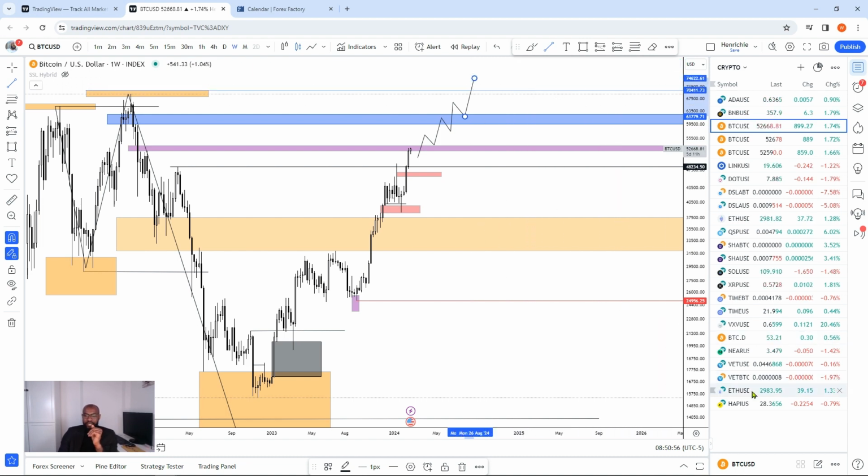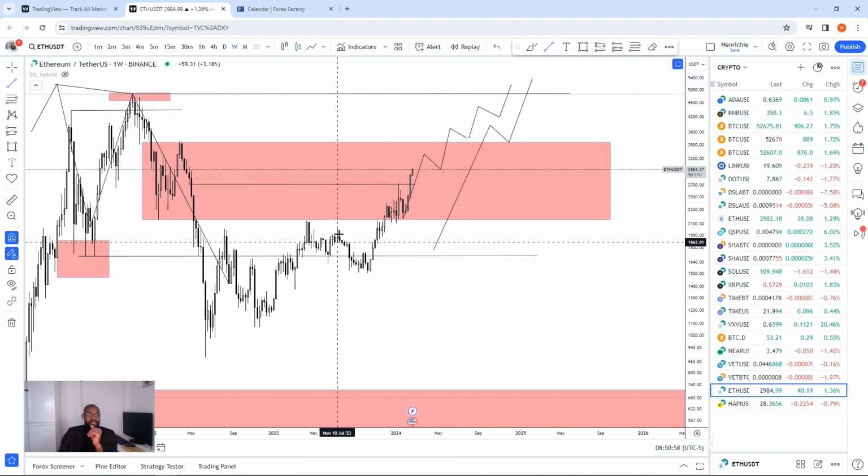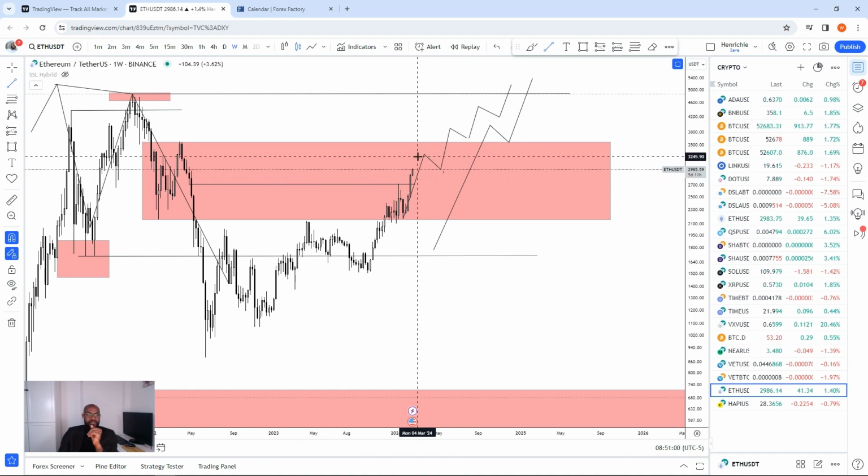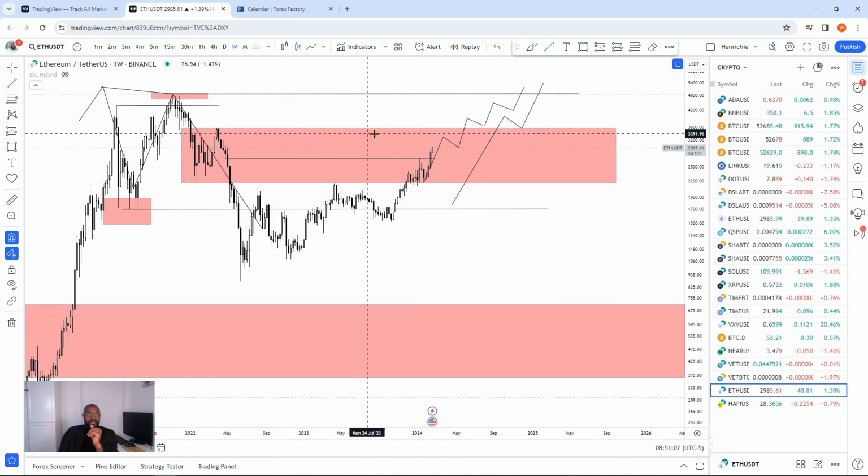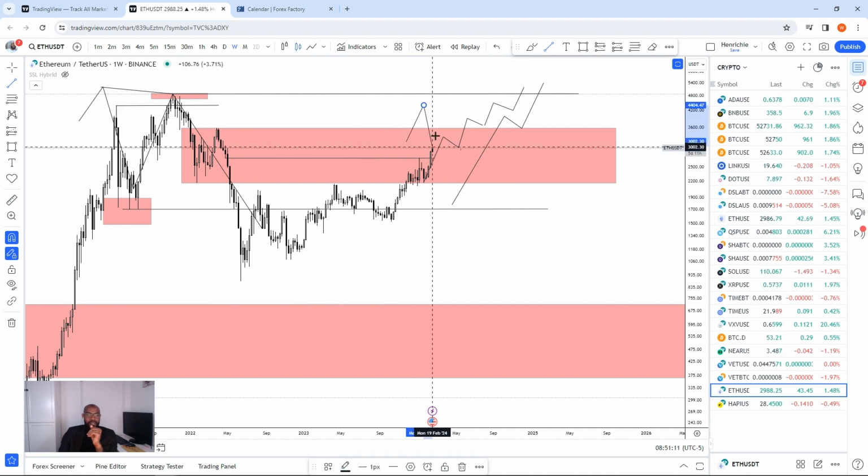So this is all I'm looking forward to see on Bitcoin as well. Nothing really much else. Ethereum almost hitting 3,000. So for Ethereum, likewise, this high is my next draw on liquidity. And after running that high, I will anticipate for us to use here as a support, all-time high, inevitable.